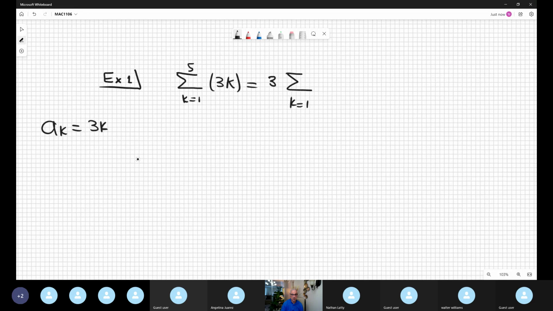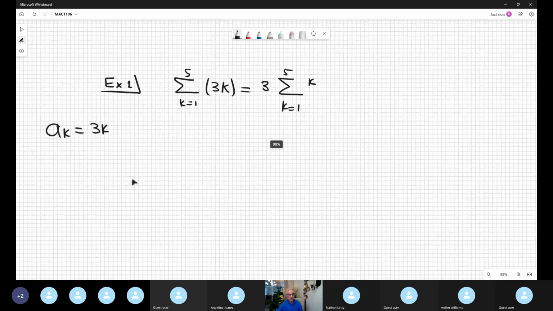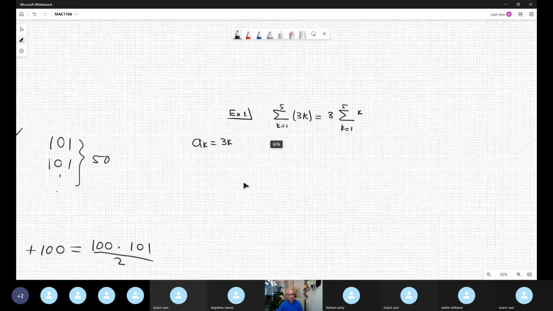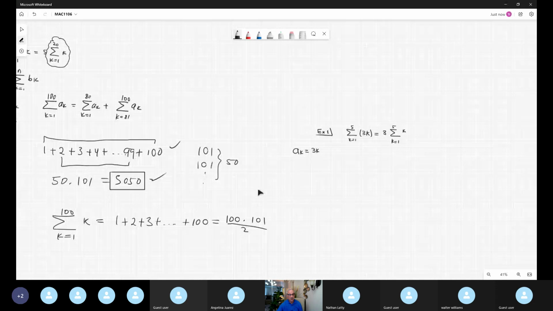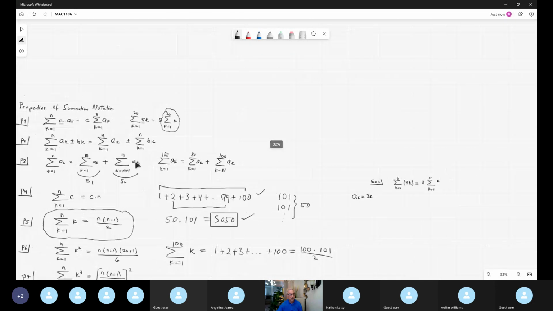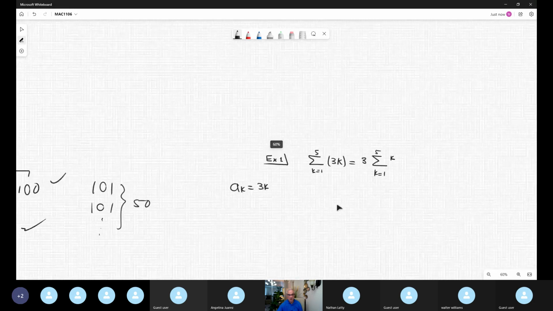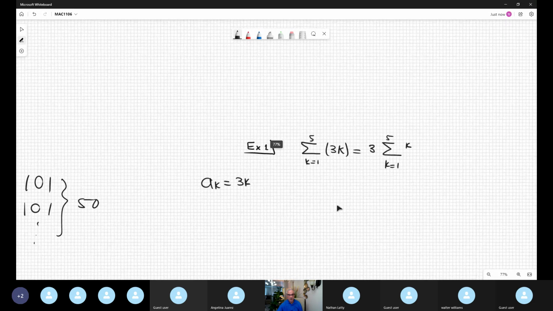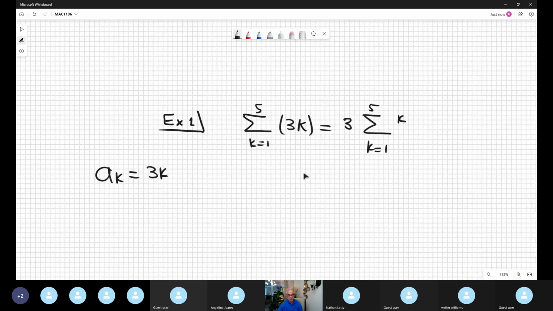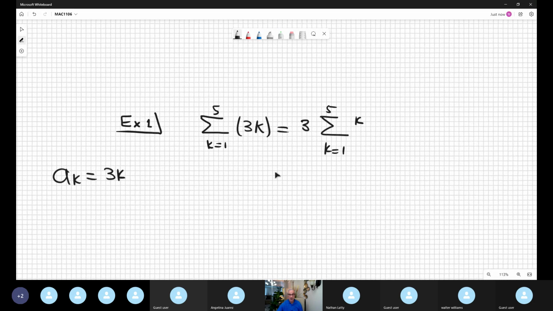Let me show you. Property number 1: the constant c, you put outside the summation symbol. And now, for the rest, we have 3 times something, and we're using the property number 5, similar to the example that I explained now, the 100, but now 5.